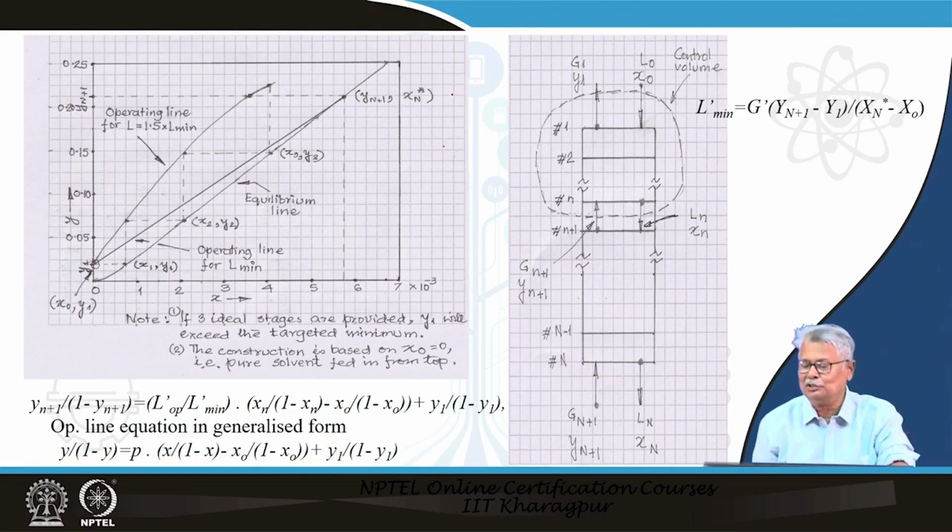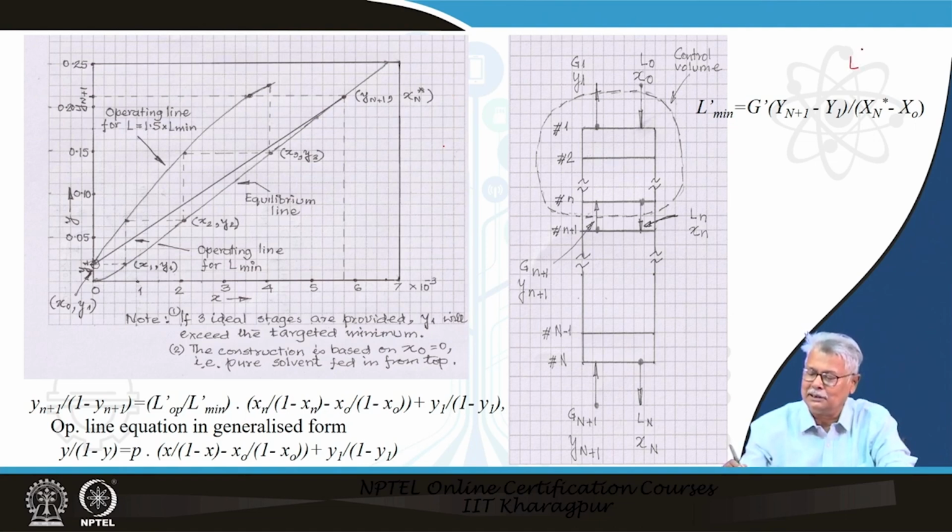So far we have understood that we are going to use two definitions of the flow rate. One is solute free, with a dash, that means L dash or G dash, and otherwise it is either L or G, which is the total moles per hour flow rate.